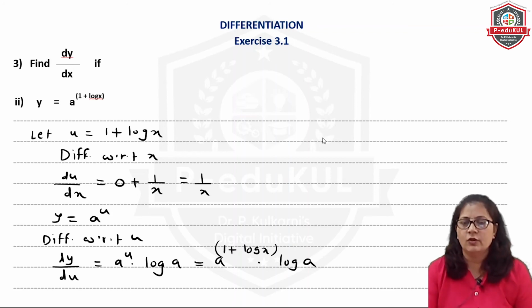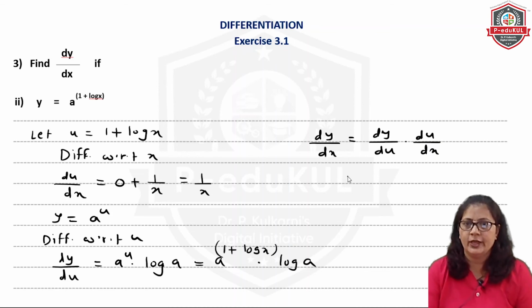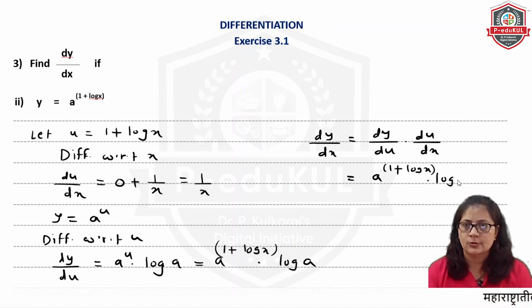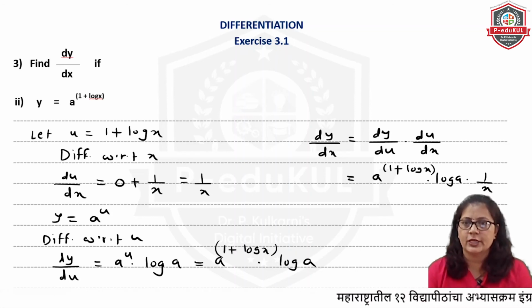And now I will put the value in that my chain rule, that is dy by dx is equal to dy by du into du by dx. So that will be a raised to 1 plus log x into log a into 1 upon x. That's it.